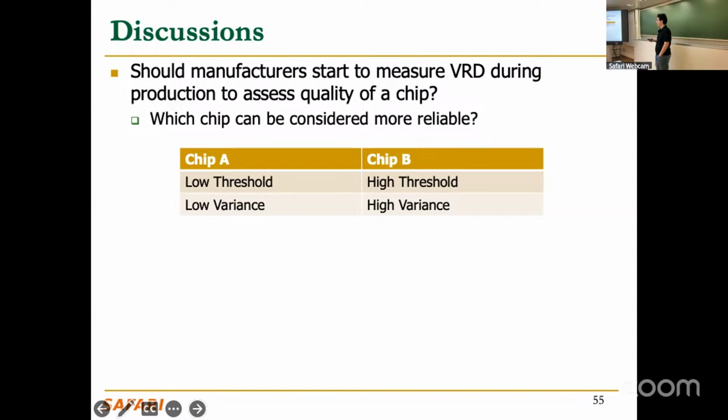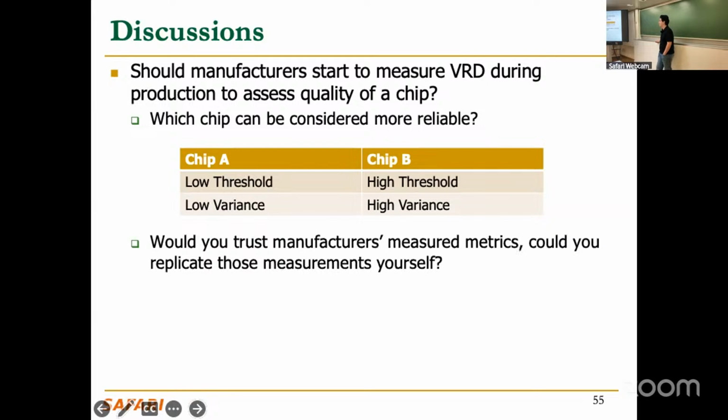In my opinion, variance is a more important metric right now, because we saw that the current mitigation strategies would work on a low variance chip. So chip B, even though it has a high threshold, is likely to fail under the assumptions that the current mitigation strategies make.